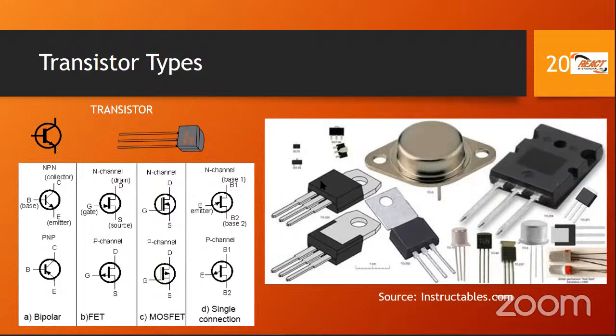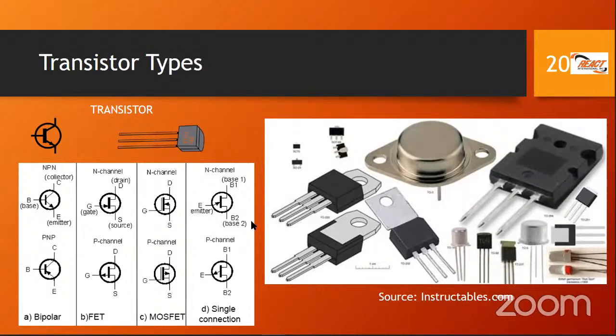So this here is a little plethora of the different types of transistors that exist. And we also have symbols to go with the different types of transistors, whether they are bipolar, field effect transistors, and so on and so on. And we'll come across that again in the next slide of the two types that we want to make sure that we are very familiar with.